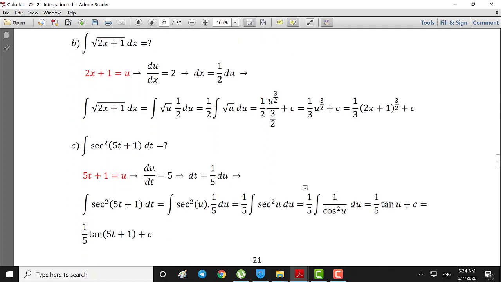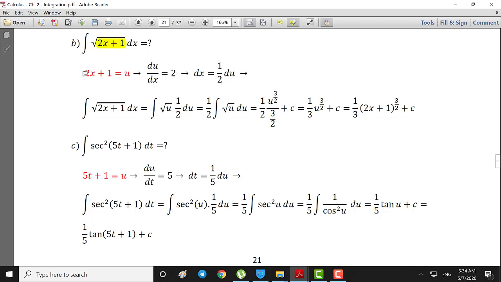Now, the second example. Here, we want to calculate the integral of the square root of 2x + 1 dx. At first glance, it might not be clear which part to choose as u. But let us choose 2x + 1 as u.